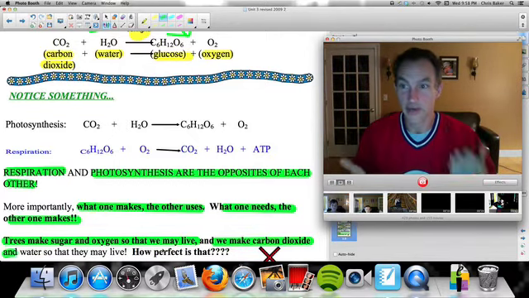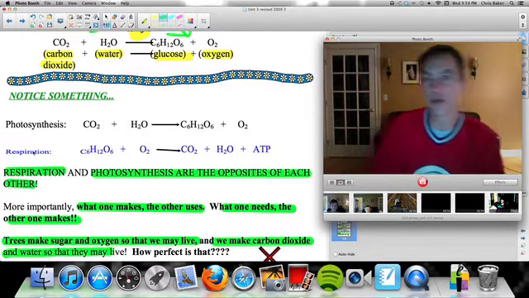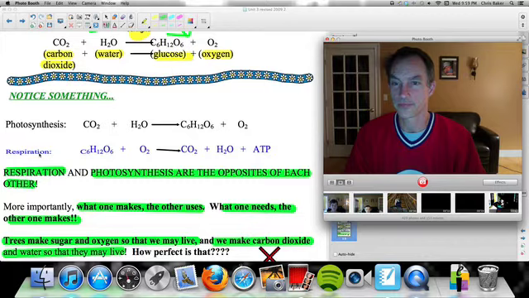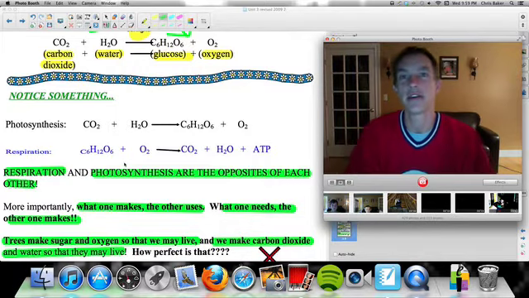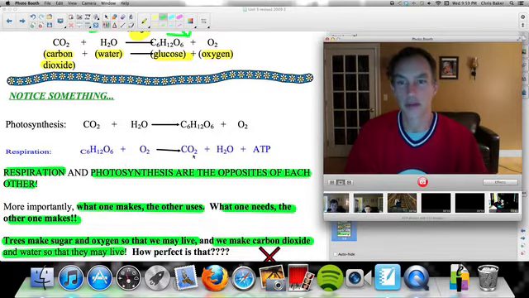What I want you to understand is that these two things, photosynthesis and respiration, are the opposites of each other. I am going to go a little further, just to make sure that you understand this. First, animals don't make all of the carbon dioxide and the water that plants need.